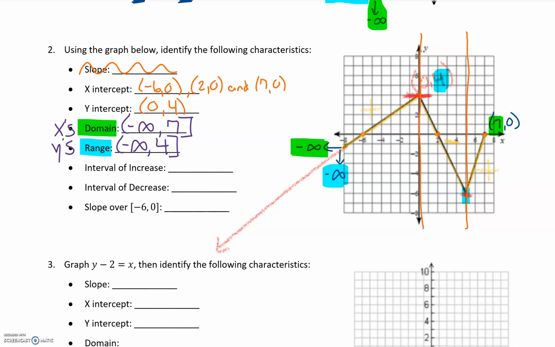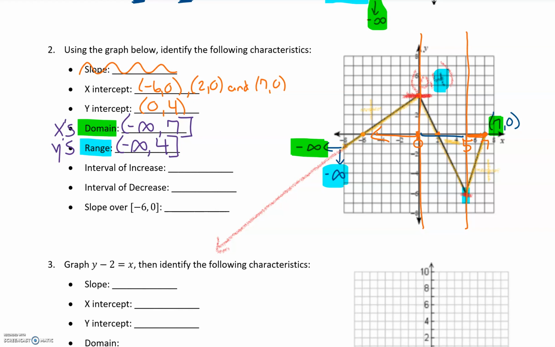Okay, so we can say that everything on the left-hand side of this value at 0 is increasing, and everything from here to here is increasing, which is the x of 5 and the x of 7. Then everything between this 0 and 5 is the decreasing section. Okay, so now we just need to figure out how to write that.